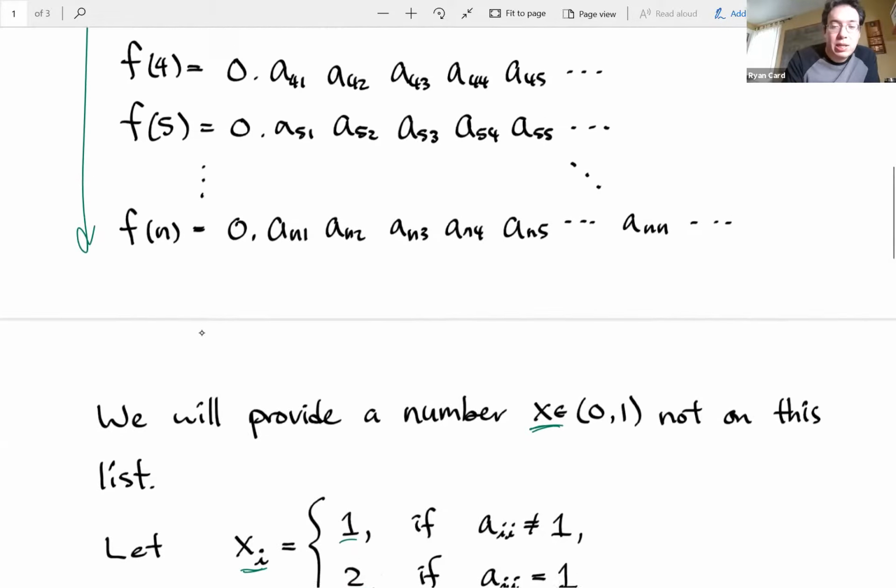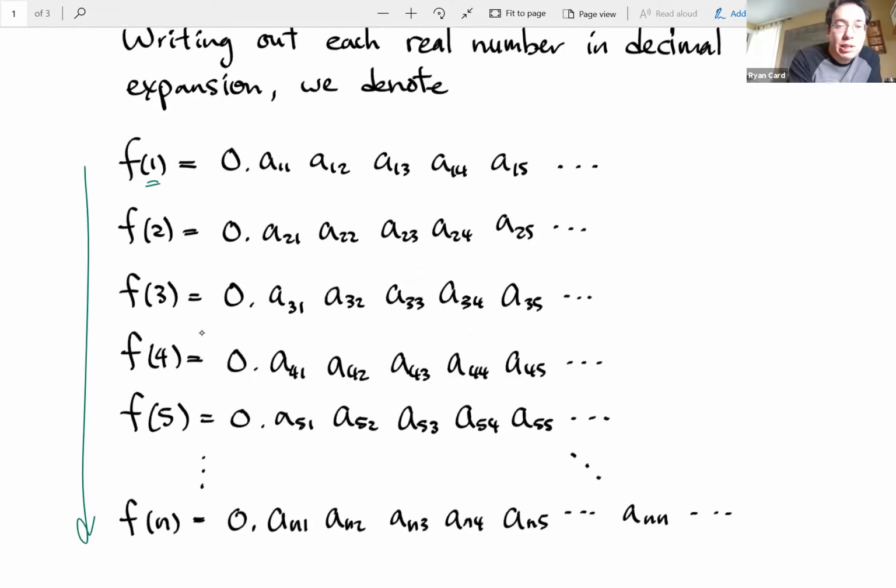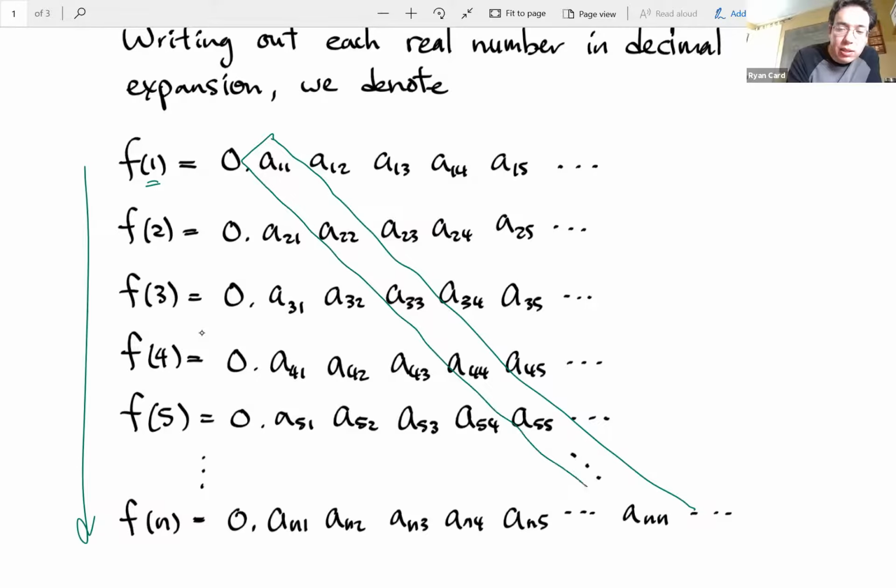Most of the time, I'm going to pick 1. What I'm going to do is focus on this set of decimal digits. I care about the first digit of the first number, the second digit of the second number, the third digit of the third number, and so on.